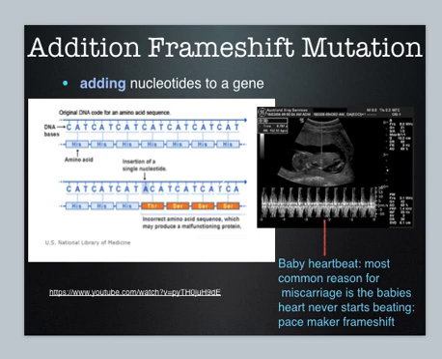Okay, so example, and this is a real example. So if you're adding nucleotides to a gene, here, what they did, this part here, this is real. This is just an example I picked to make it easier for you to visualize. Imagine a codon says cat, C-A-T, and it says cat, C-A-T, C-A-T, over and over again. That codes for an amino acid called histidine.